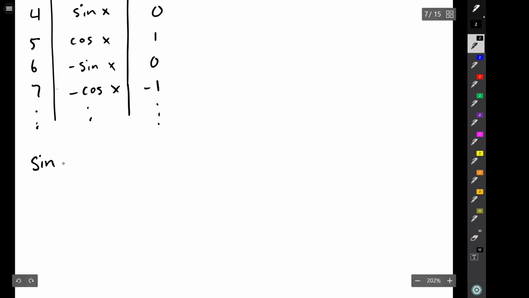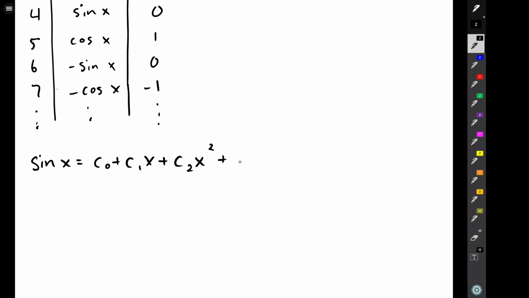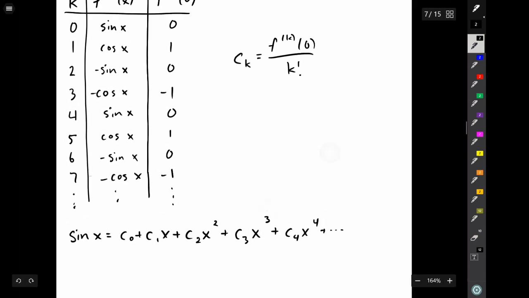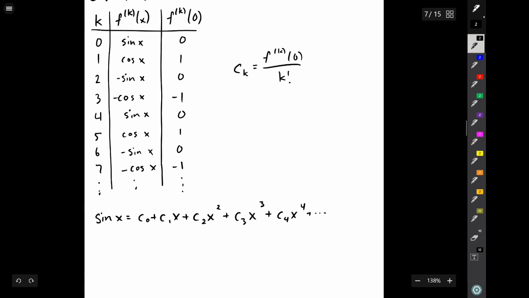So sine of x, we want to literally write this out. Literally write exactly this: c3 x cubed plus c4 x to the fourth, and so on. Just literally write these terms out. So let's go ahead and do that.